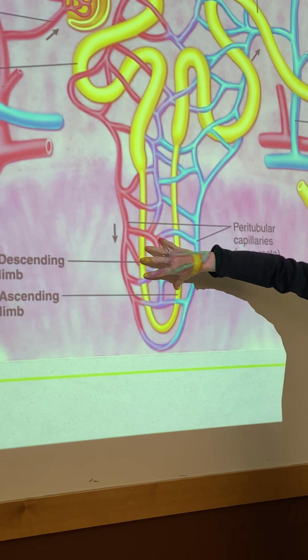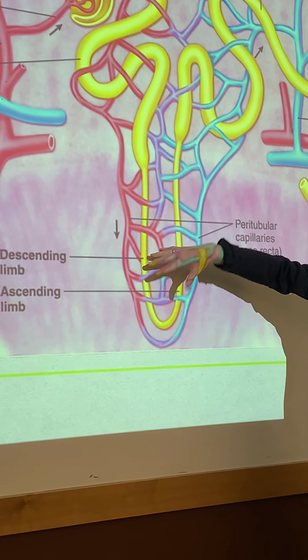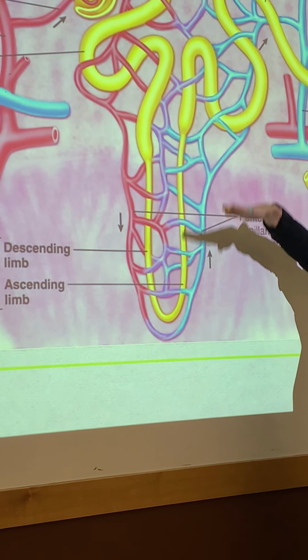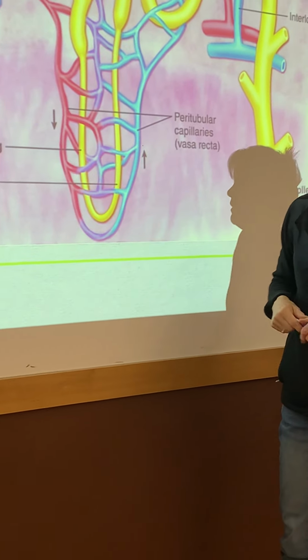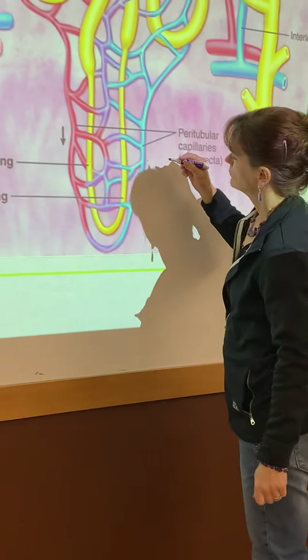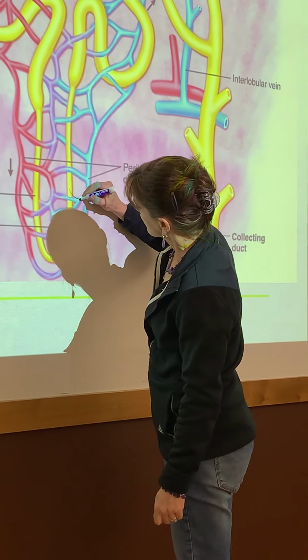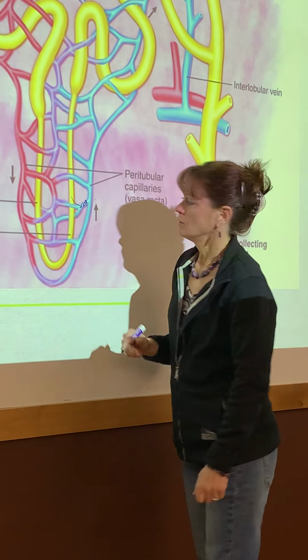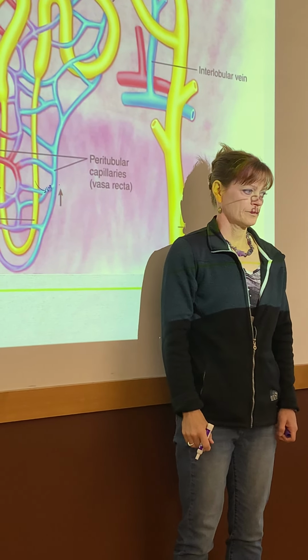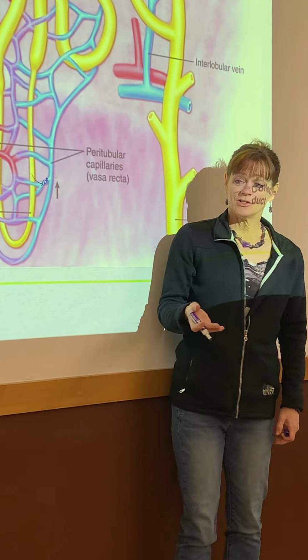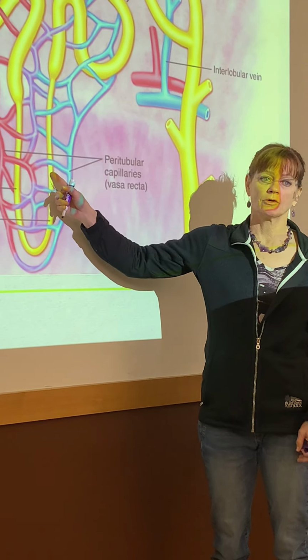And these loops of Henle sit deeper in the center of the kidney, which is a different sort of environment. And the main job of the loop of Henle is to reabsorb water. So water is going to go from the loop back into the bloodstream. What that's going to do is concentrate your urine.